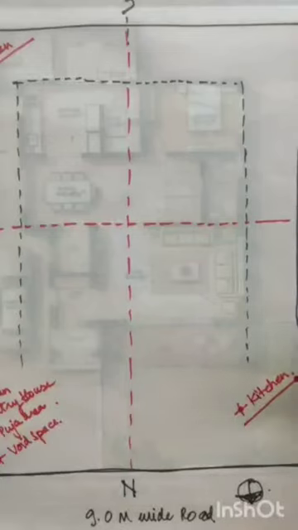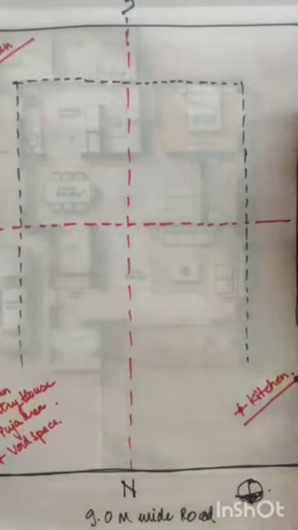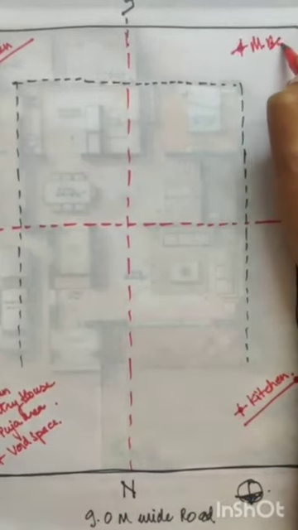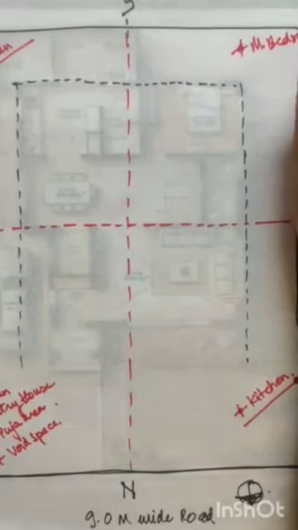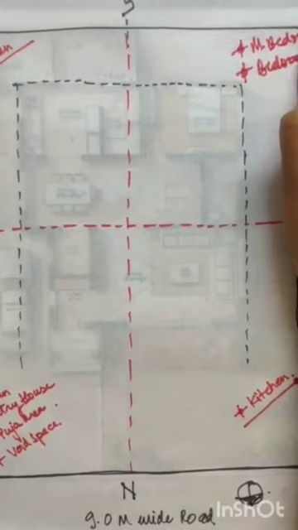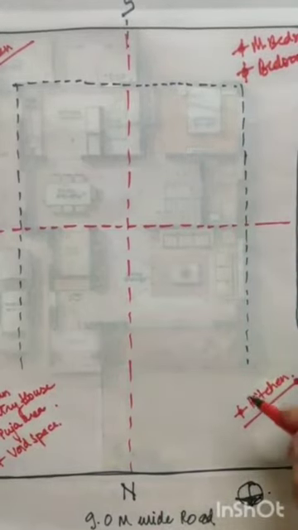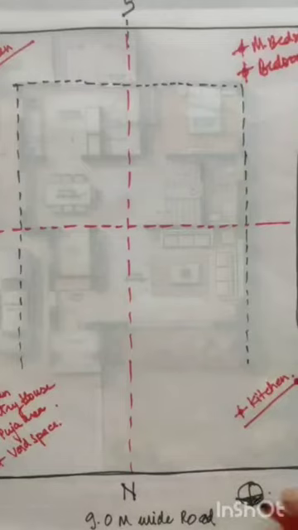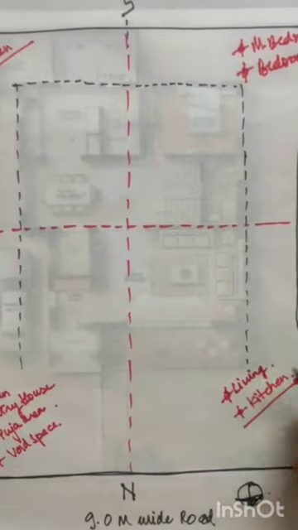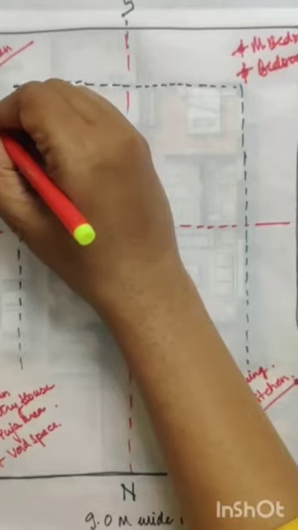So if the kitchen comes on this side, the area over here will ultimately be replaced here. I'll show you later. The southwest side we can have the master bed, and in the northwest side we can have the living. So if my kitchen comes here, my living will go here.